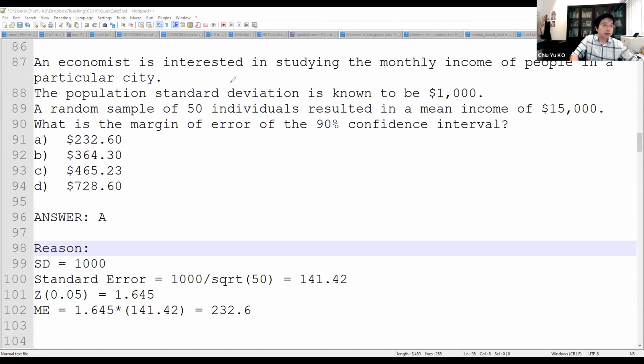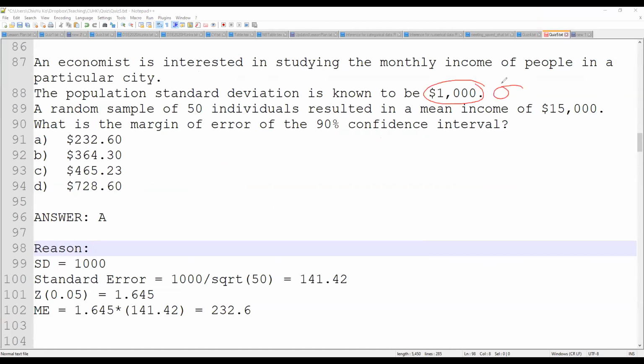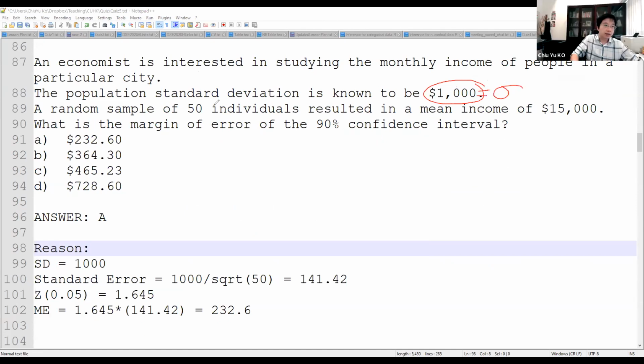So what we have is the economist saying the standard deviation sigma is 1,000, and n is 50, and the mean income is x bar. Okay, what is the margin of error for a 90% confidence level?